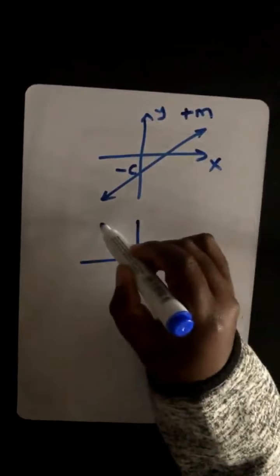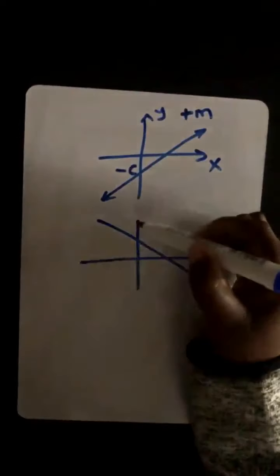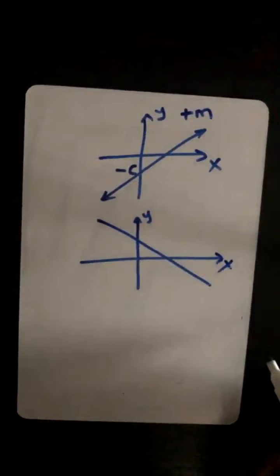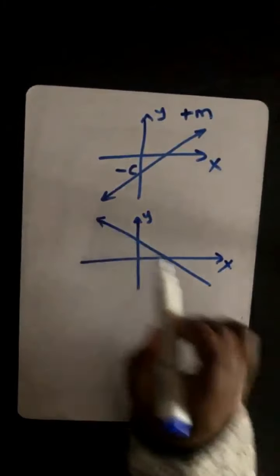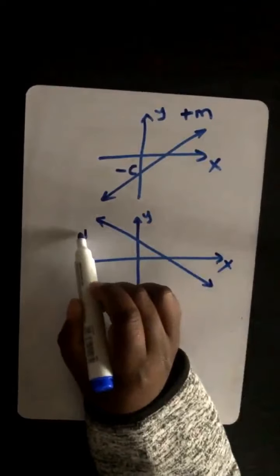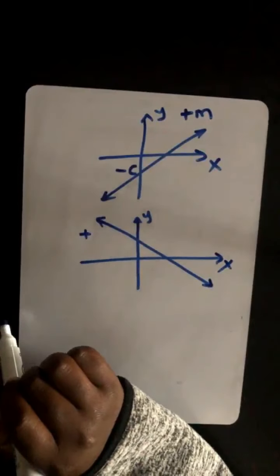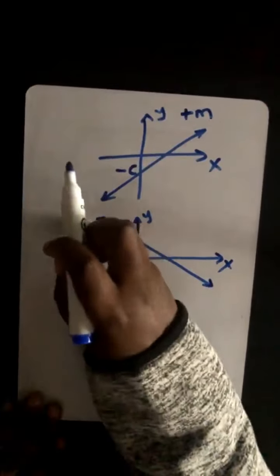Secondly, if you have a straight line, let's say at that angle, drawn on a Cartesian plane with y and x-axis, in this case it's a negative gradient. Not sure if you remember from our previous lessons, guys.